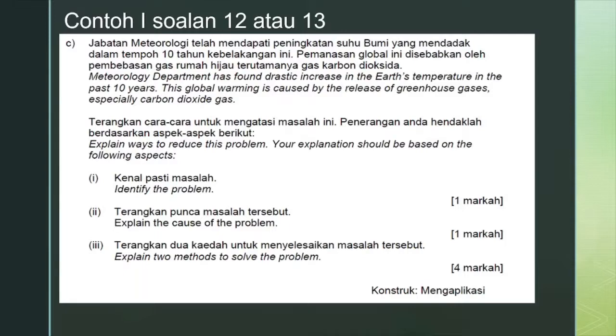Pemanasan global ini disebabkan oleh pembebasan gas rumah hijau, terutamanya gas karbon dioksida. In English, Meteorology Department has found drastic increase in the Earth's temperature in the past 10 years. This global warming is caused by the release of greenhouse gases, especially carbon dioxide gas.